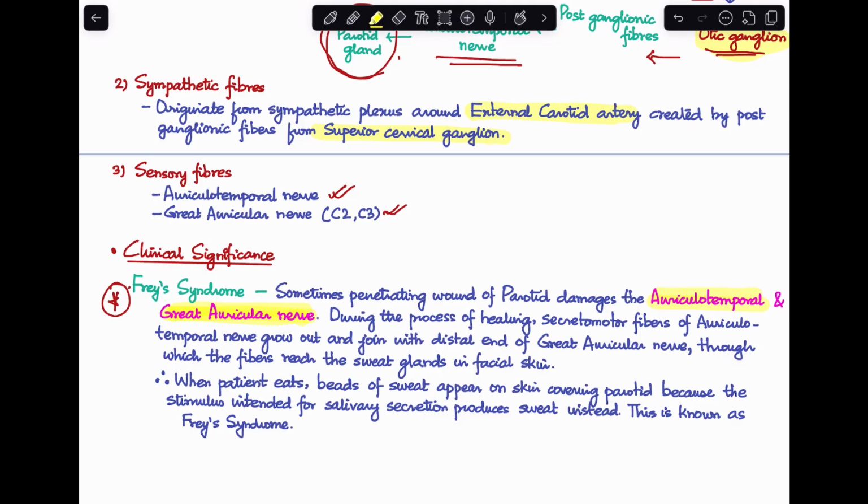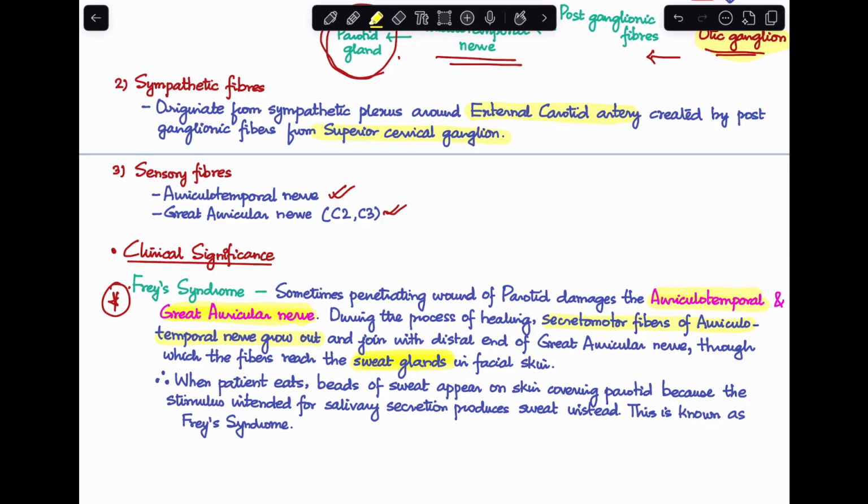After these nerves get damaged, we saw that the auriculotemporal nerve has the postganglionic fibers, whereas sensory fibers are from the great auricular nerve. During the process of healing, the secretomotor fibers of the auriculotemporal nerve grow out and end up joining with the distal end of the great auricular nerve, through which these fibers end up reaching the sweat glands in the facial skin.